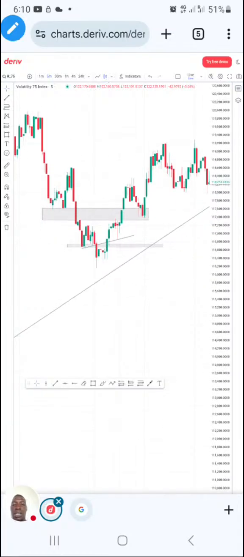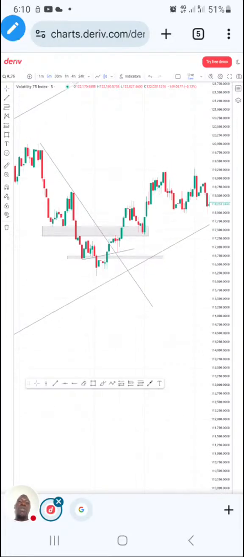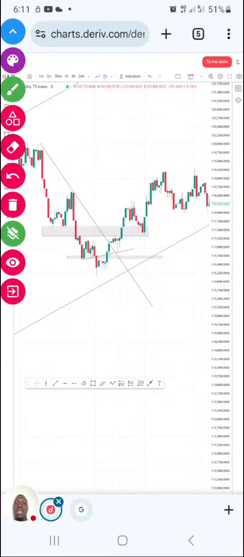Let me do like this, and we use our trend line here. When we get this trend line, we have to mark this high, and we pull our trend line downwards like this. Are you getting the point? And we wait for the market to break our trend line. After the market breaks our trend line like that, we wait to confirm that the structures we got around this side are retested.